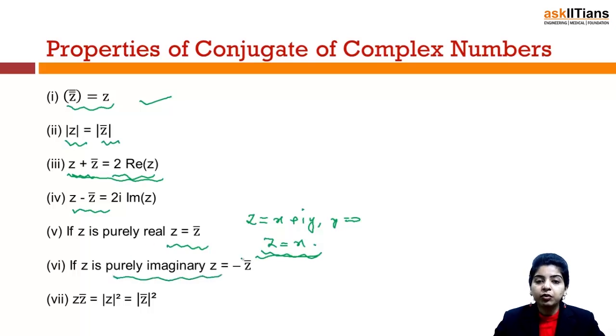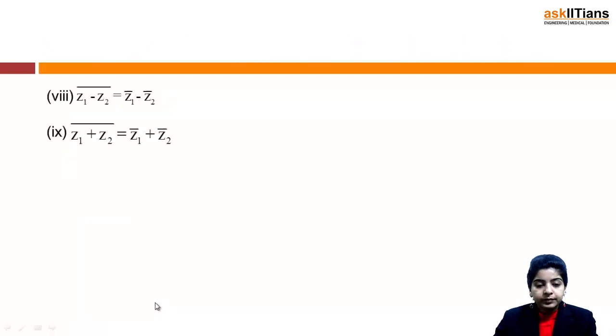Similarly, if Z is purely imaginary, then Z would be equal to minus of Z conjugate. And then Z into Z conjugate is modulus of Z whole square, which is equal to modulus of Z bar whole square. This is also quite obvious, I suppose. Then we have conjugate of Z1 minus Z2 is Z1 conjugate minus Z2 conjugate.